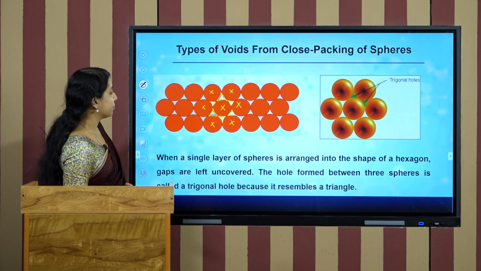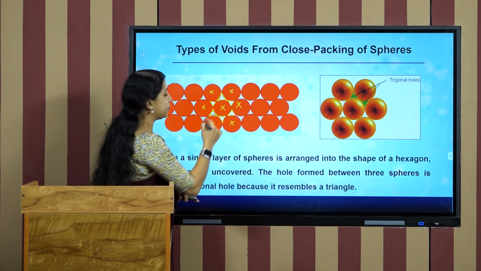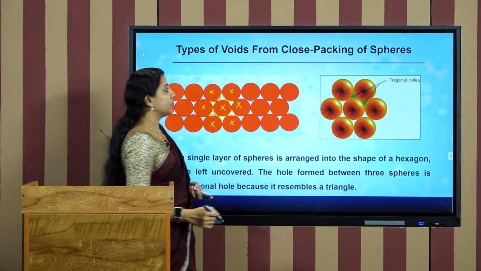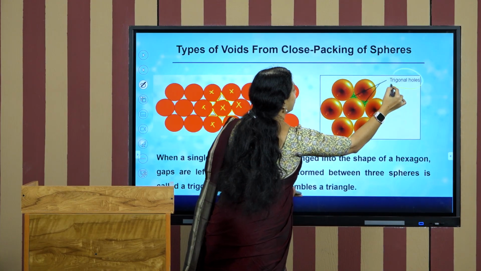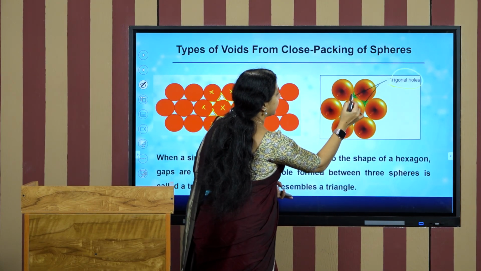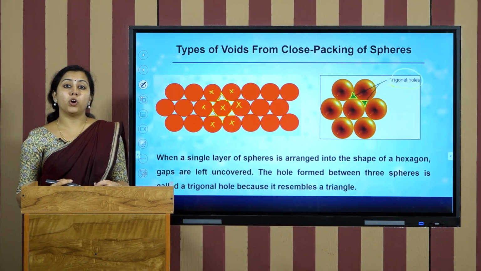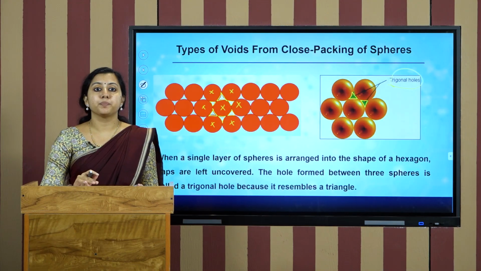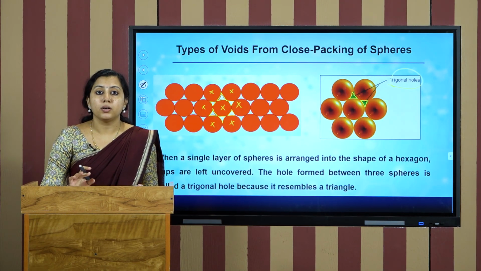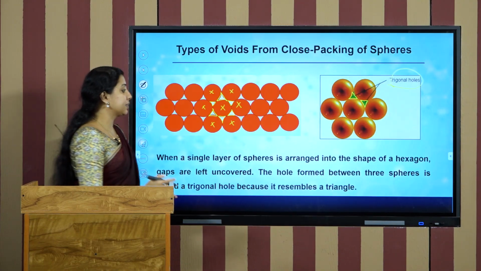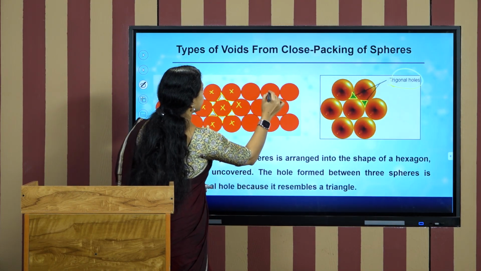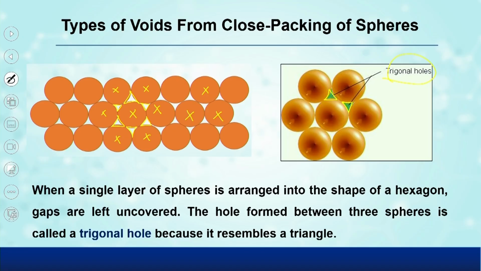This triangular gap is called a trigonal hole, highlighted in green color. The hole formed between 3 spheres is called a trigonal hole because it resembles a triangle.